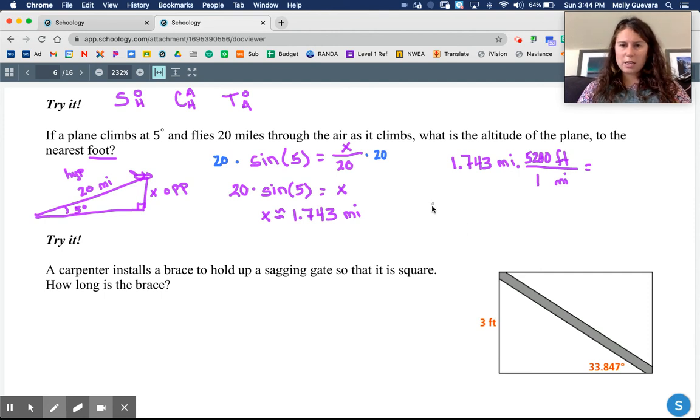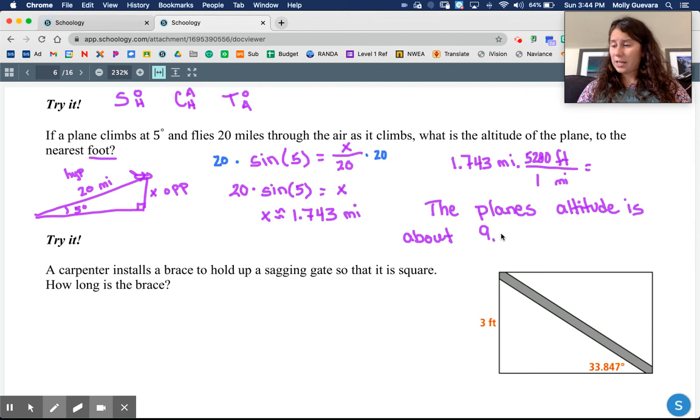So the plane's altitude is about 9,203.65 feet. This is a word problem, so I have to answer in a sentence.